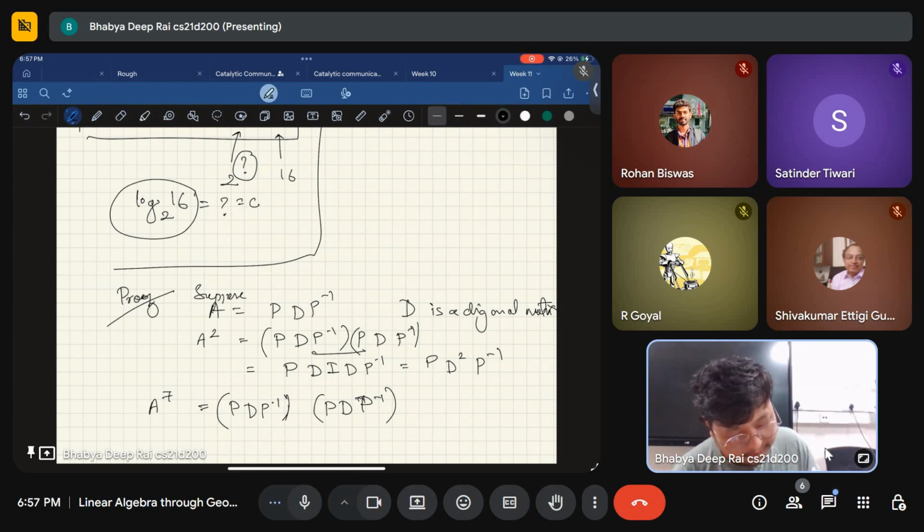So notice that this is nothing but PDP inverse to the 6 times PDP inverse.